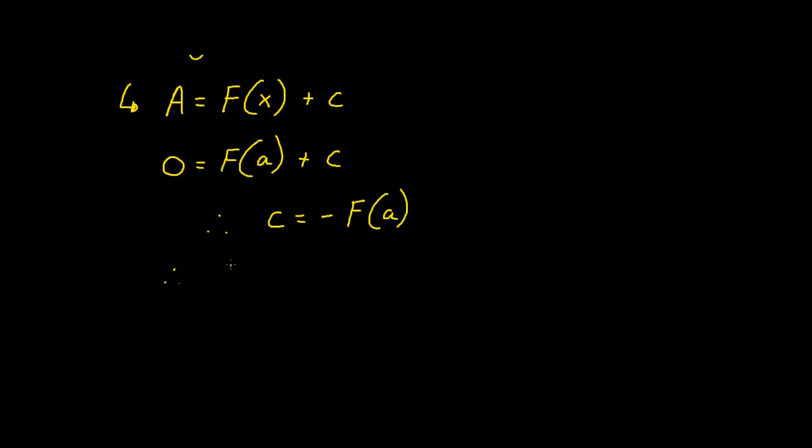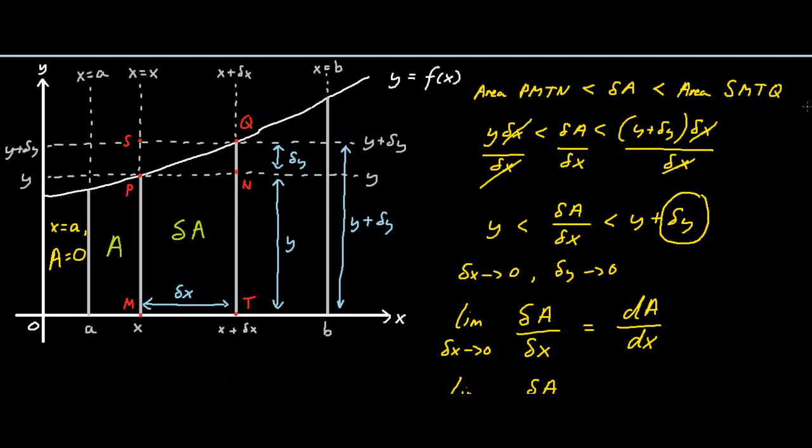Therefore, the area is function of x minus the function of a. And this area is the section underneath the curve right here, from x equals a to x equals x.